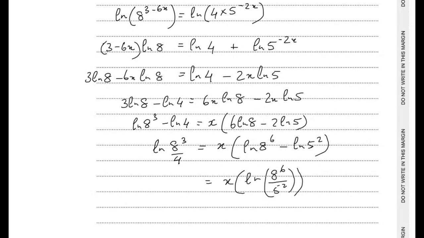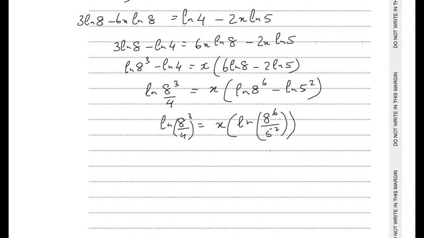And on the left side, we already have log 8 cubed by 4. And therefore, x is log of 8 cubed by 4 divided by log of 8 to the power of 6 by 5 squared.